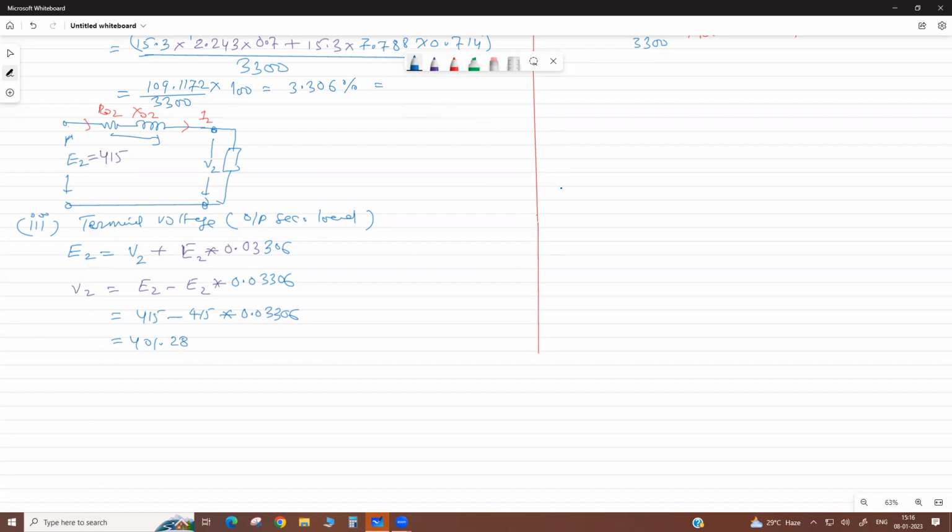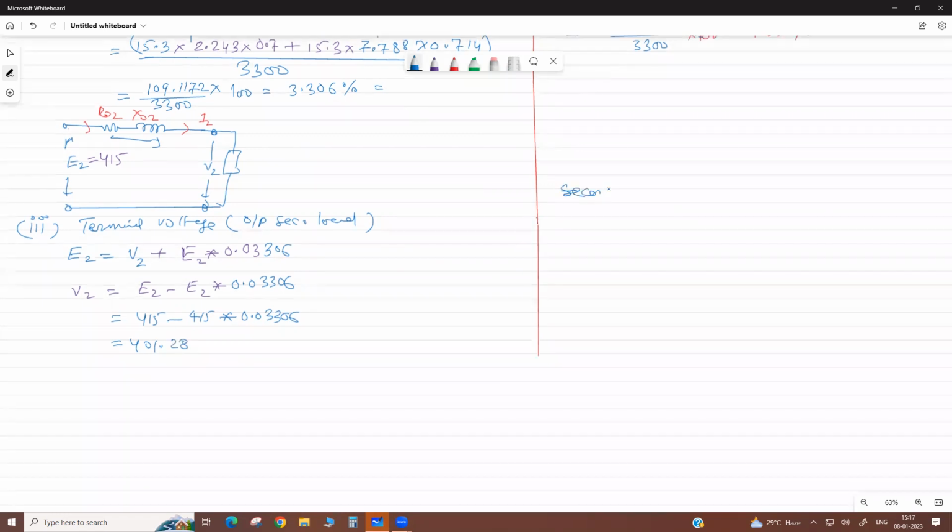Here also, the secondary load terminal voltage V2 equals E2 minus VD, the voltage drop in per unit.